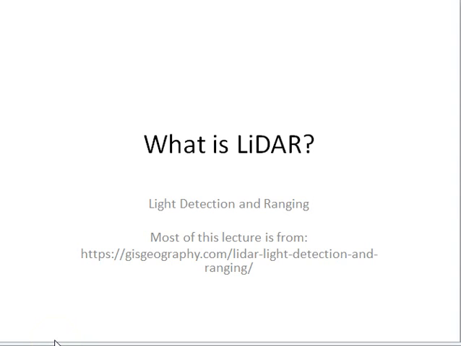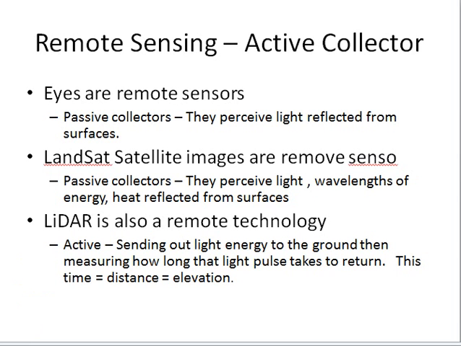So we're going to talk about LiDAR today, which is light detection and ranging. LiDAR is a type of remote sensing that uses what's called an active collector. Remote sensing is basically getting data without physically going onto the landscape and measuring it.